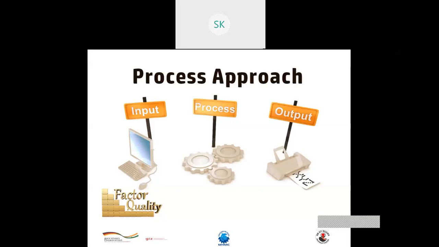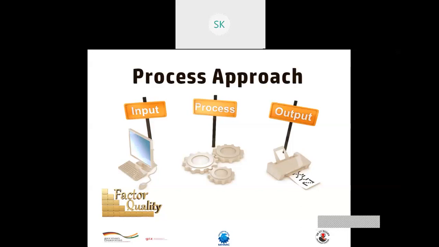And after getting good input quality, we have to process it in a proper way, in a systematic way, in a defined way. Whatever work instruction or control plan, whatever systematic approach we have decided, if the input is processed through that approach, we can get the desired output.